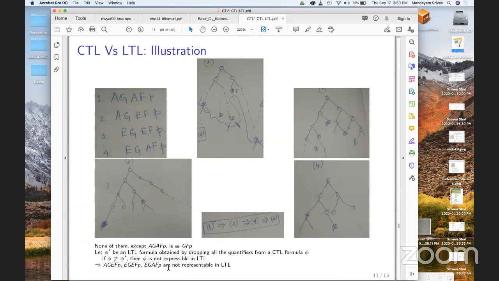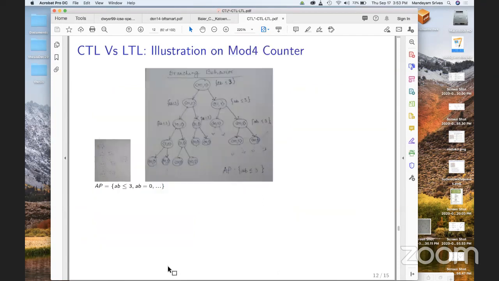Now for answering the question whether there are LTL formulas that are not representable by CTL, you may think that adding path quantifiers strictly enhances the expressiveness of the logic.